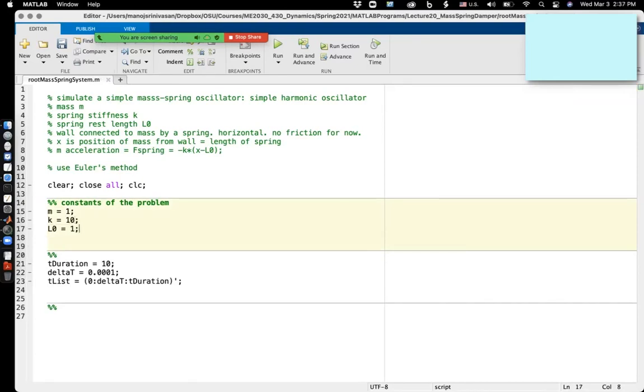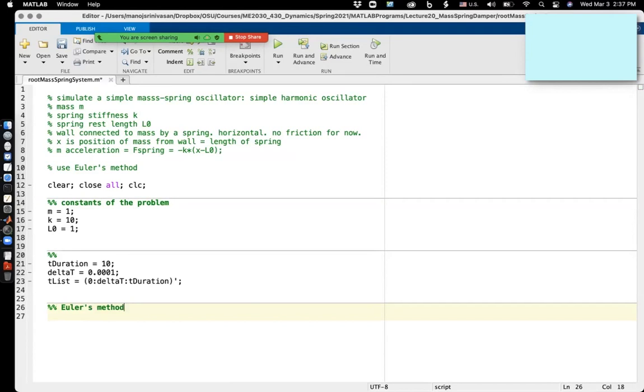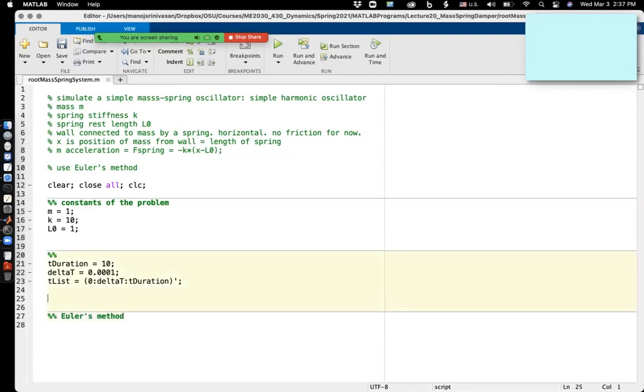Anything else? I guess those are the constants. And then what else should we do? So let's do the Euler's method and see what we need, and then just sort of iteratively add stuff here depending on what we need.